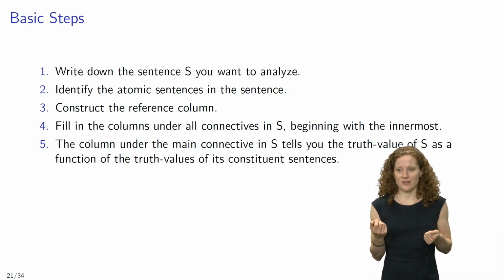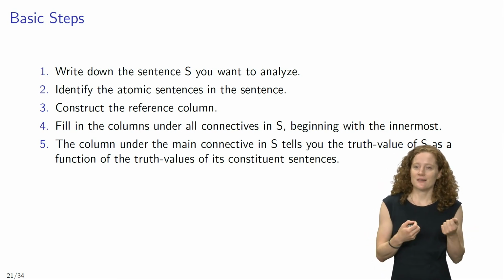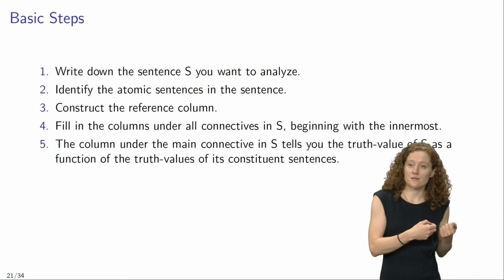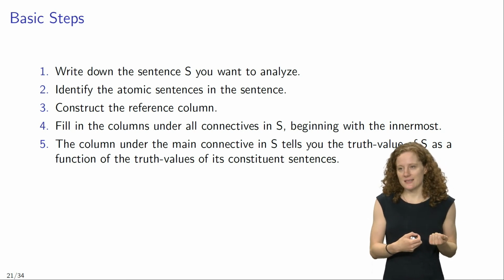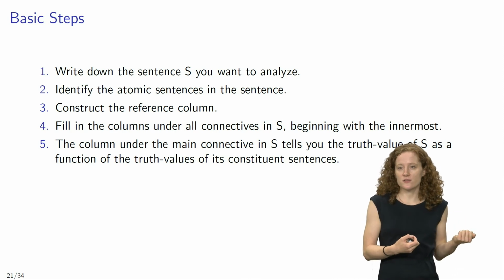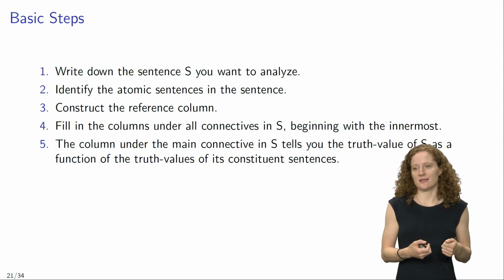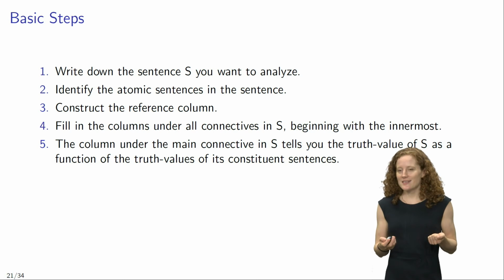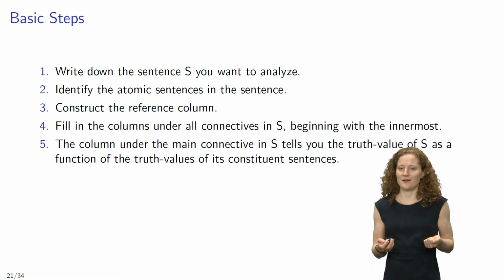I'm going to illustrate what that means in just a second. And then finally, the column under the main connective in S tells us the truth value of S as a function of the truth values of its constituent sentences. Let's look at a few examples to see how that works.